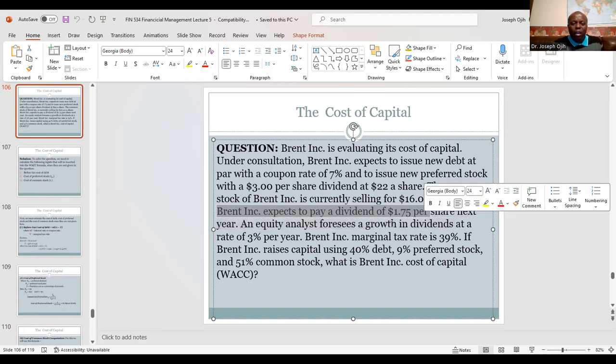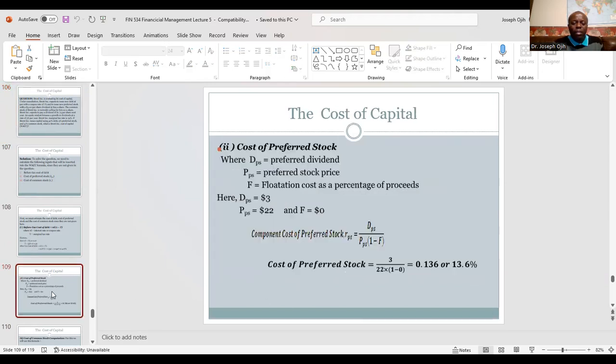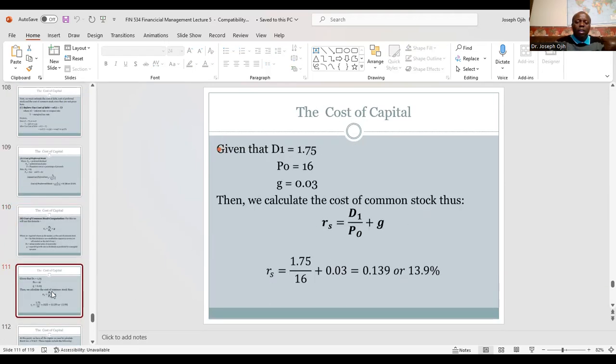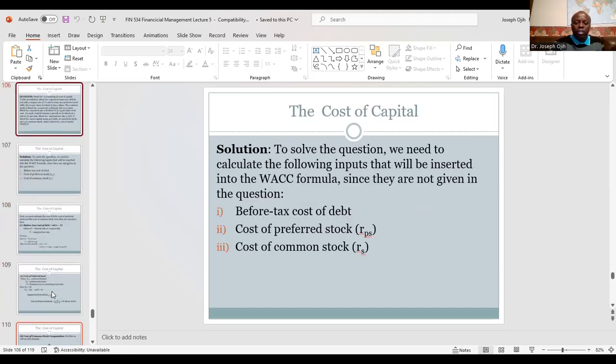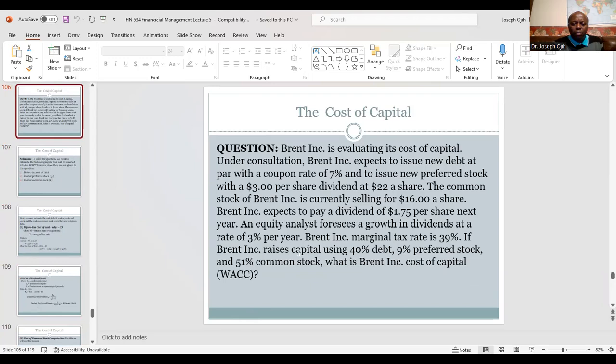And it also says here that the common stock of Wdrd Incorporated is currently selling at $16 per share, and it expects to issue a dividend of $1.75.